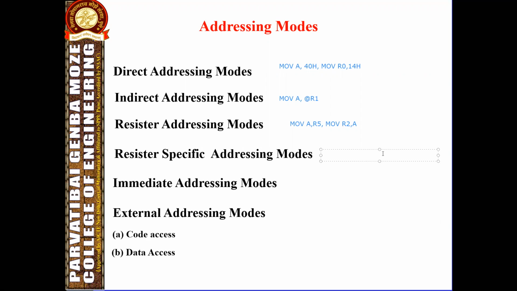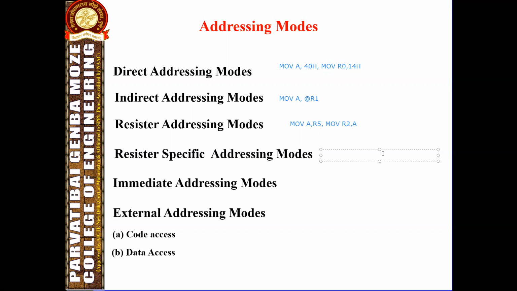So let's see the immediate addressing mode first. What is the immediate addressing mode? This is the simplest method to get the data. In this addressing mode, the source operand is a constant rather than a variable. As the data source is a part of the instruction, it is immediately available.